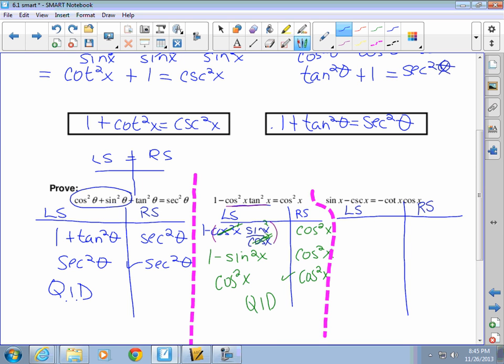So sine x is fine. 1 minus cosecant x is the same as 1 over sine x. On this side, negative cotangent x is the same as saying negative cos x over sine x, and then times cos x.